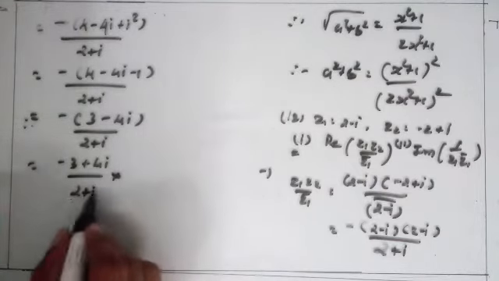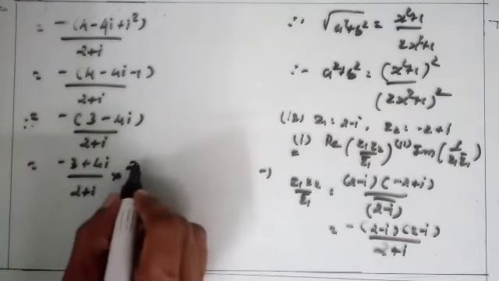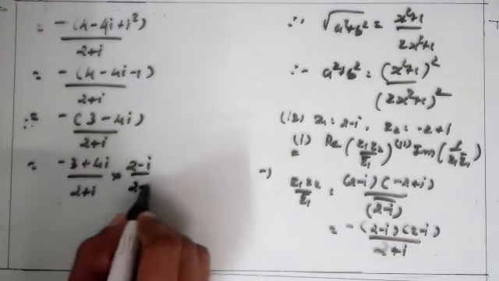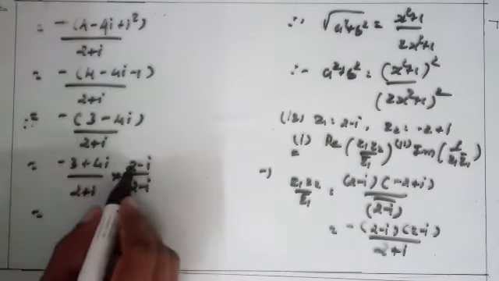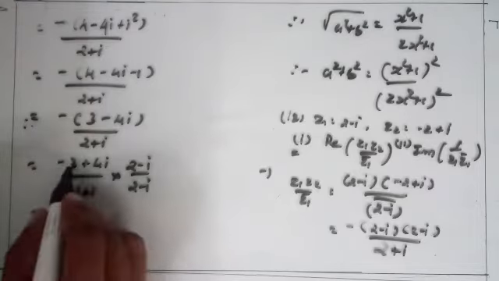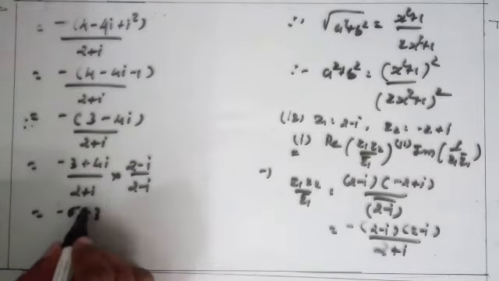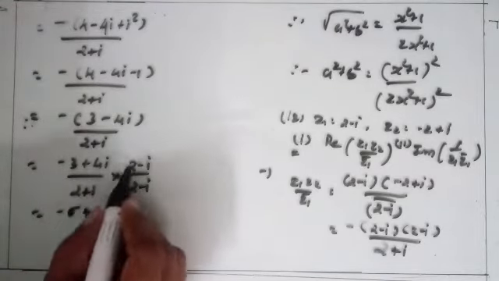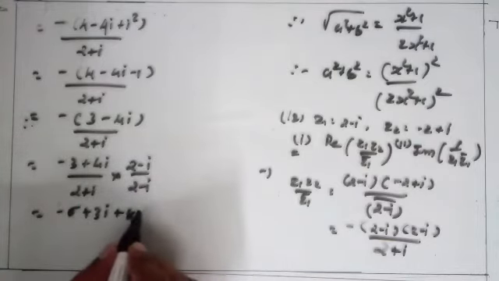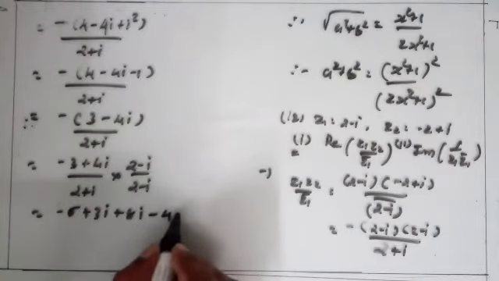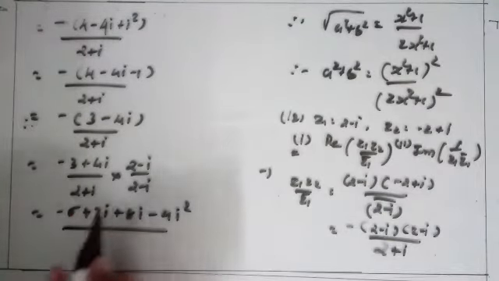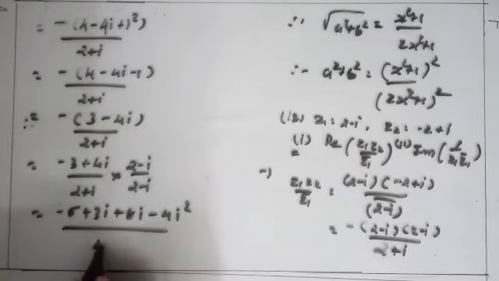Now multiplying by the conjugate of 2 plus I, 2 minus I upon 2 minus I. So simplification of this: minus 3 into 2 is minus 6, minus 3 into minus I is plus 3I, 4I into 2 is 8I, 4I into minus I becomes minus 4I square, upon, here a plus b, a minus b is a square minus b square, that is 2 square is 4, minus I square. Clear this?